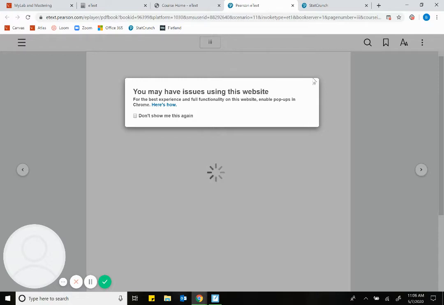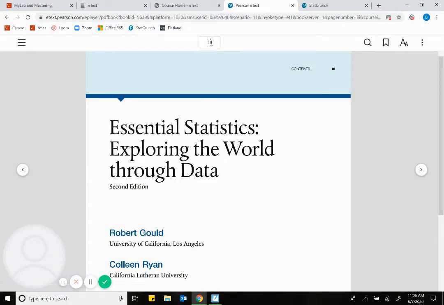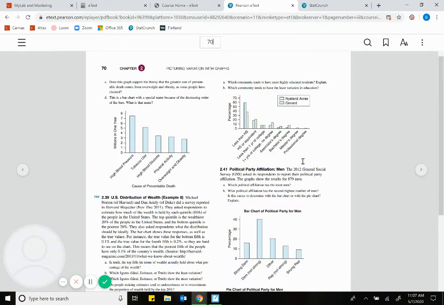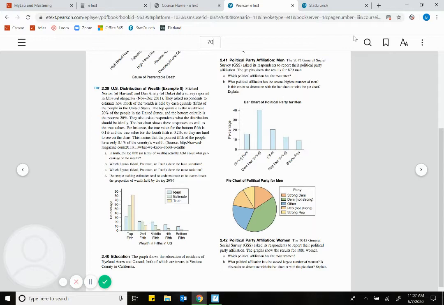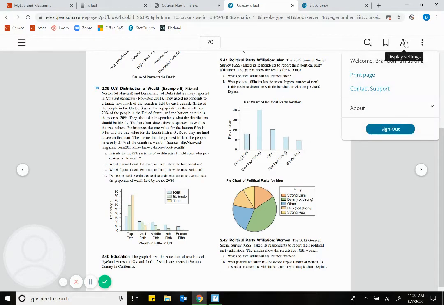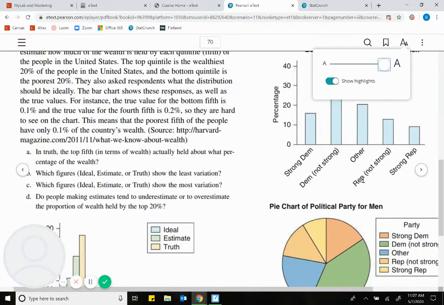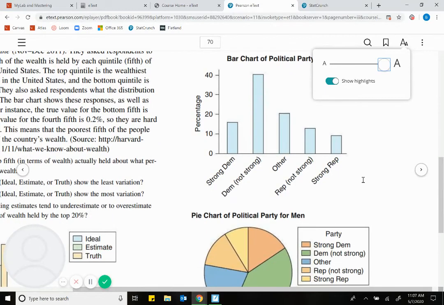There we go. So get rid of that. All right. 70. So right here is the men's. Let me go ahead and zoom in on that. Actually, it's right here. So here is the men's.